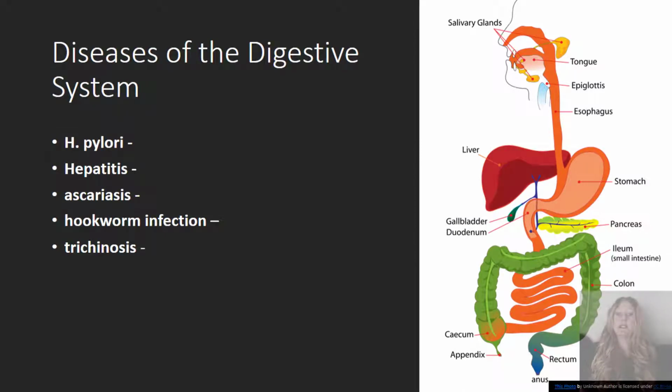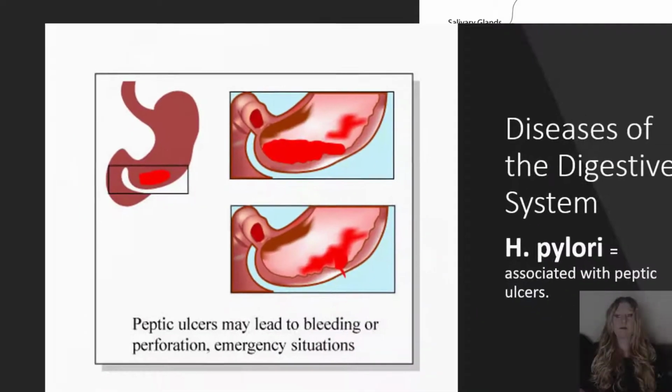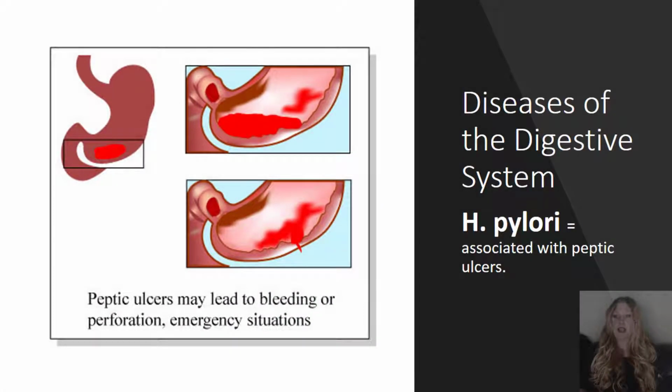Some of the diseases that affect the digestive system include H. pylori, hepatitis, Aspergillosis, hookworm infection, and trichinosis. H. pylori is associated with peptic ulcers.